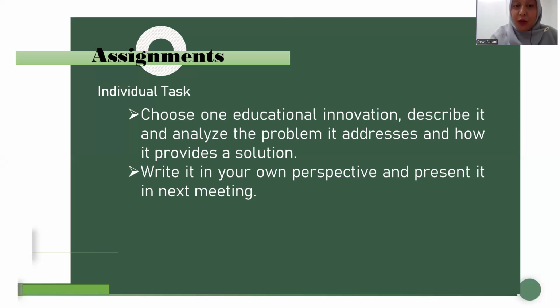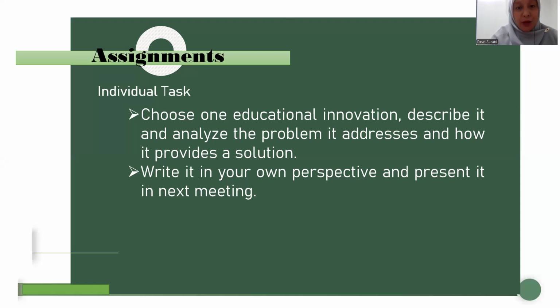Okay? And then you will present it in our next meeting. Don't worry, the presentation doesn't have to be long, just a clear explanation of your idea. Do you have any questions about our assignment? Oh, okay, what's your name? Oh, Nia. Okay, what kind of innovation should we choose for the assignment?